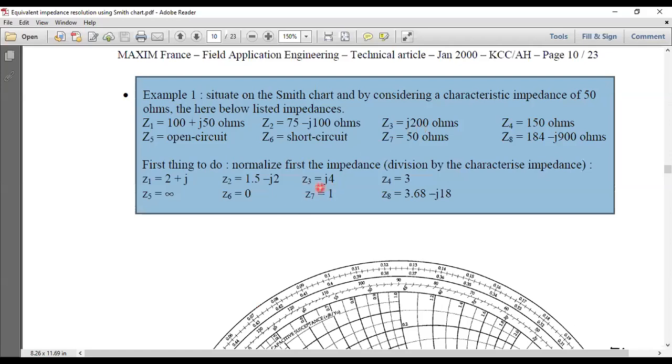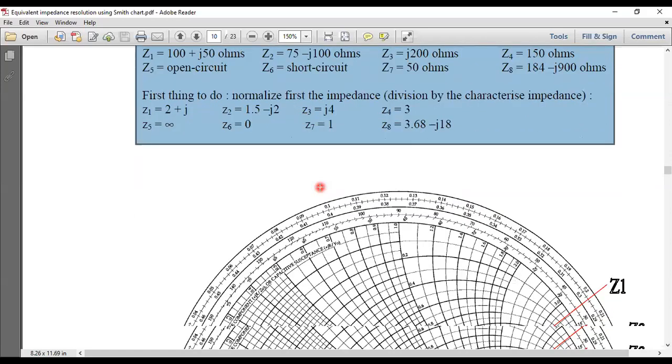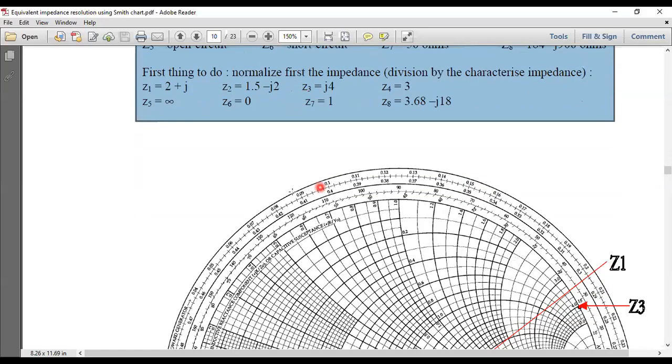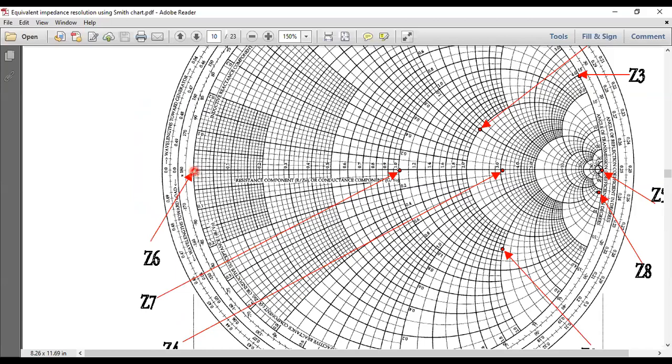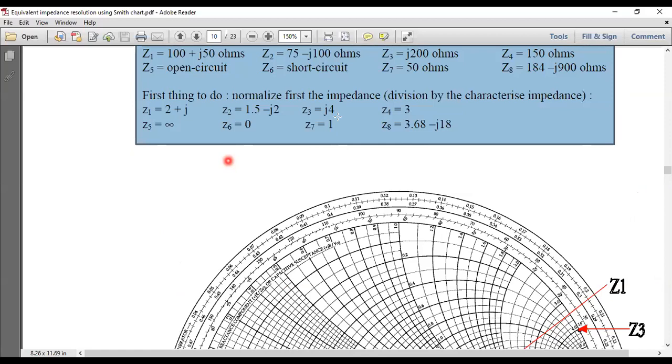Now where is the 0 part? Where is your 0? On this horizontal line, your 0 is located here. At this end the real part starts from 0, and here it is infinity. So 0 is here. And what is the imaginary part? The imaginary part is J4. Whether it is plus or minus, it is plus. So where is J4?